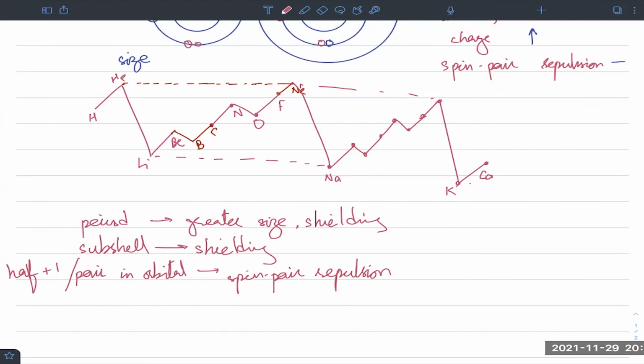You don't have to understand which part? The period, subshell change thing, like when is the period changing? It depends. Let's say the question says, explain the difference in first ionization energy between potassium and argon. You'll be like, what is the main difference in them?